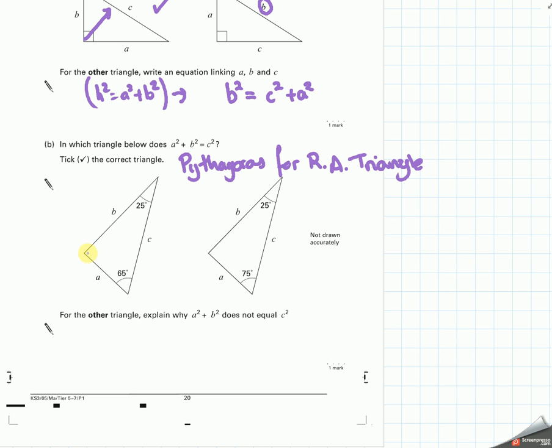Both of these are here to try and indicate that this should be a right angle. Do the calculations. That's 25 plus 65 gives me 90. So the angle left in this one is 90 degrees. This one, 100 degrees, this one's 80 degrees. So this one does not work, and the reason it doesn't work is the triangle is not right angled.